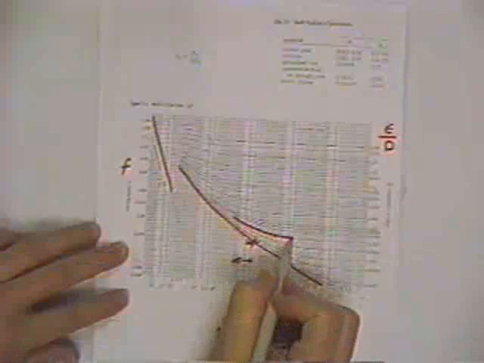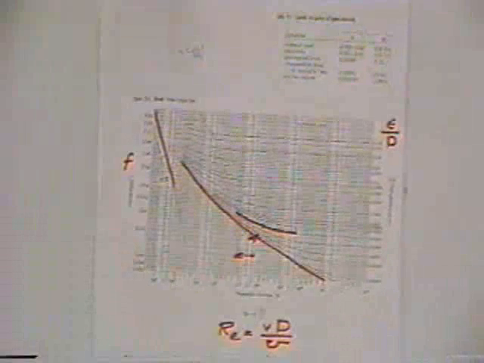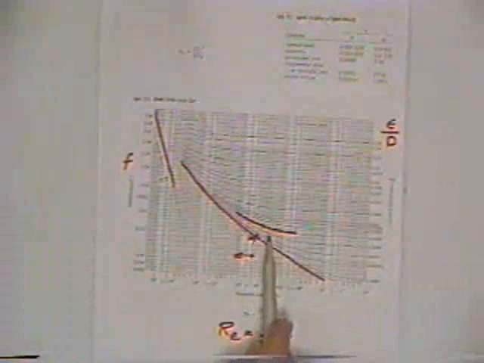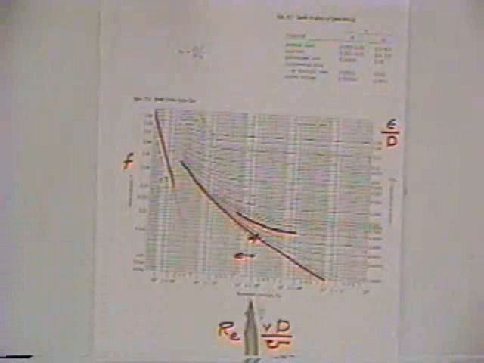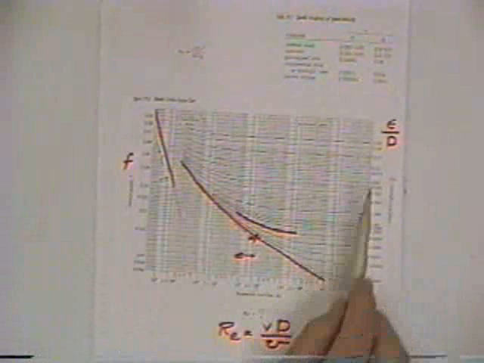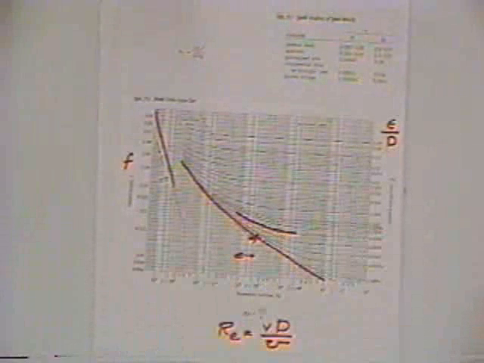Now, as you go in this area, if you pick any line, you'll notice there's a curve like this. There's a curvature to it. Because in this region, the friction factor is a function of both flow characteristics represented by the Reynolds number and pipe characteristics represented by relative roughness.